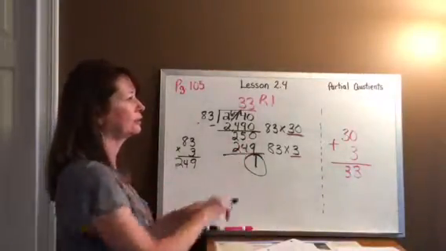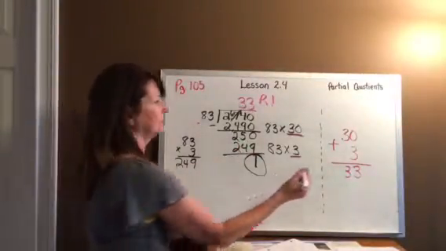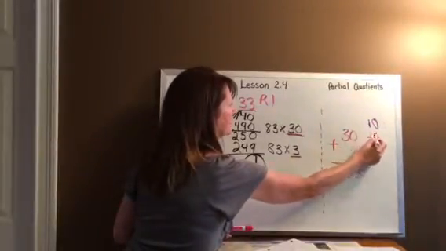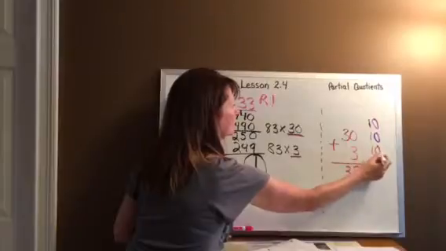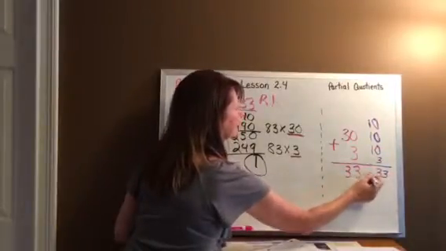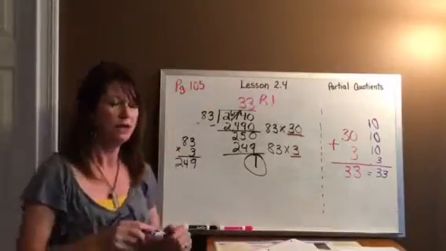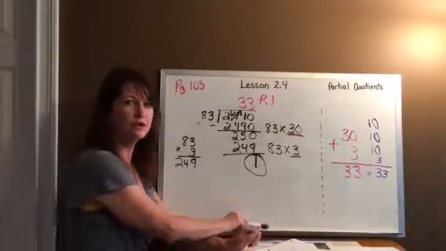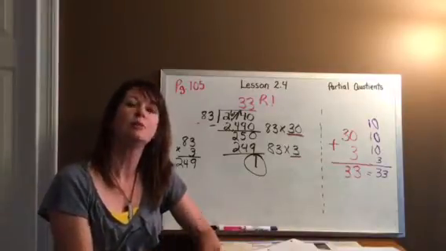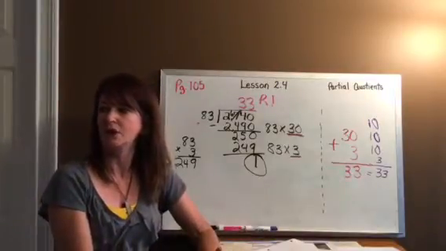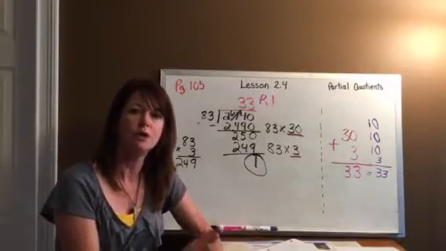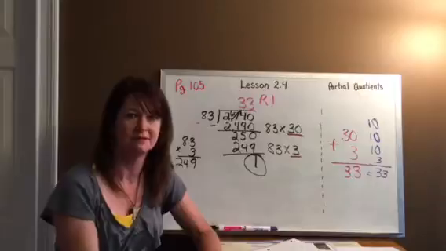Instead of looking like 30 plus 3, you might have to do it 10 plus 10 plus 10 plus 3. But your answer is going to be the same. So there's more than one way to do this. All right, here's your job. You need to choose another problem or two from this, and I want you to do a practice problem or two right now, okay? Do it while the process is fresh in your mind, okay?